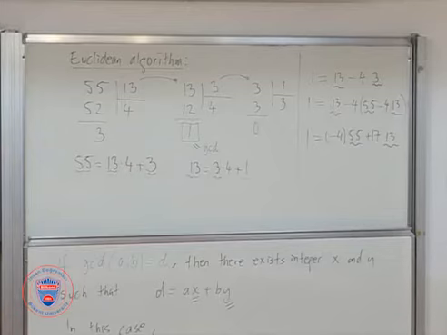That means if you use a 13 ounce container 17 times to fill something, and then 4 times use the 55 container to take out the water, the remaining water will be 1 ounce.